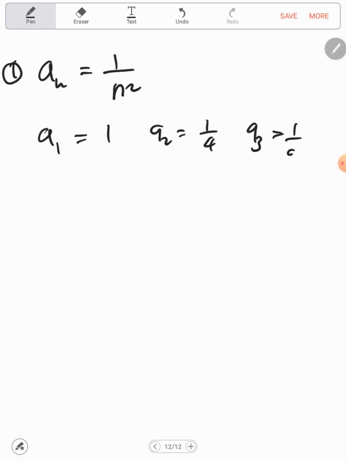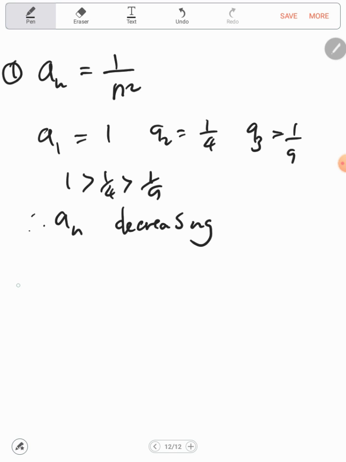Then we move on to the second one. We have a_n equal to 1 over n squared. a_1 is 1, a_2 is 1 over 4, a_3 is 1 over 9. Again we have that case, and a_n is decreasing. And the last one, where a_n is equal to 2 over n plus 2.